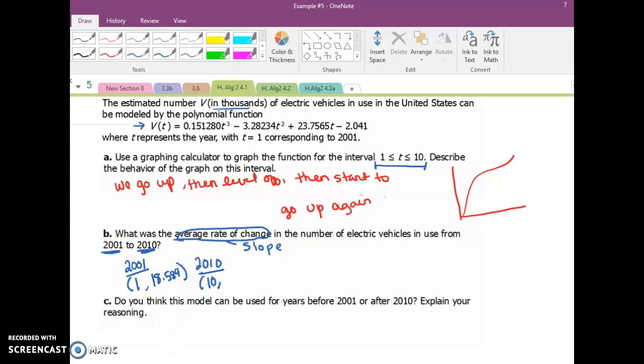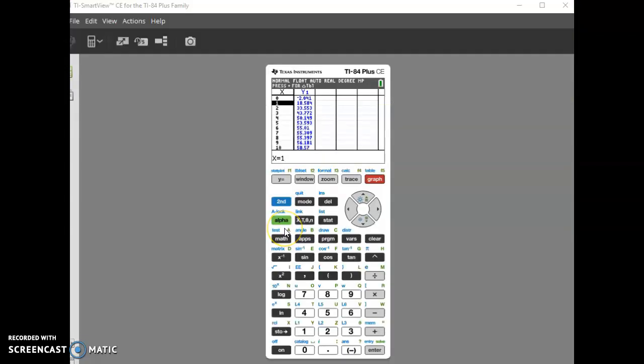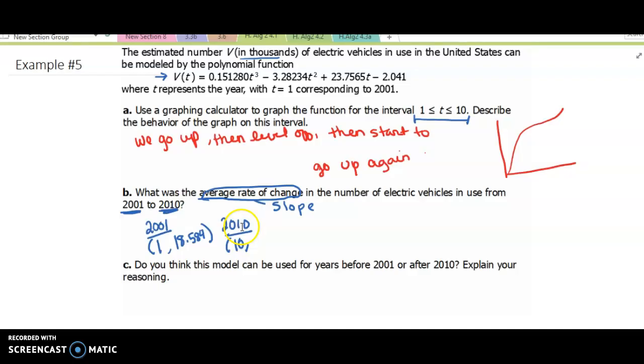Okay, and then back to my graph, and I want to check what it is when my t is 10 or my x is 10. So I'm just going to scroll down, and I see 10 is 58.57. So I'm going to come back here and write 58.57.